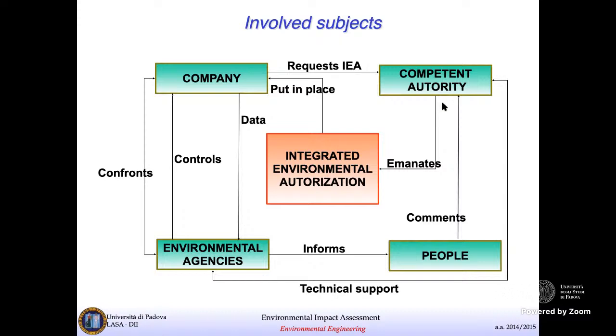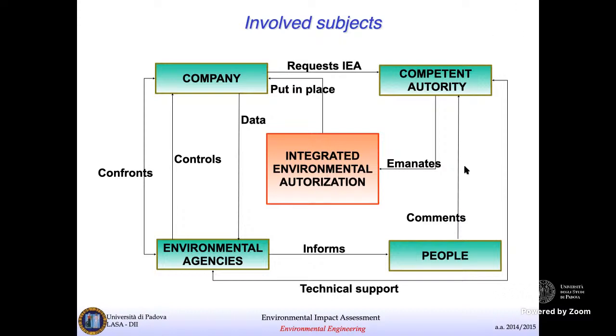Remember that all these authoritative procedures require and allow the intervention of the population. So people may comment on the request of the company, but again, the company has the obligation to make its requirements public. So while requesting the authorization, it shall make it public, and we will see later how.